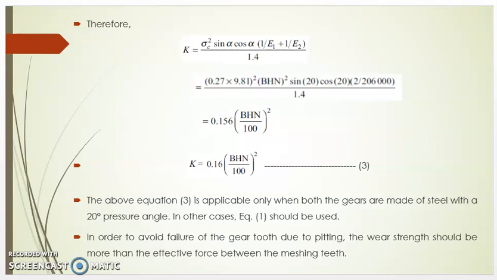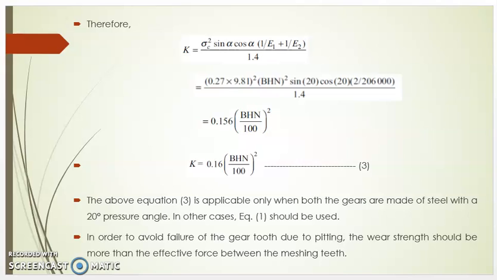Therefore, K is equal to sigma c square sin alpha cos alpha into 1 upon E1 plus 1 upon E2, divided by 1.4. Substituting the values, it is equal to 0.27 into 9.81 bracket square into Bhn square into sin 20 cos 20 into 2 divided by 2.06 into 10 to 5 divided by 1.4, which is equal to 0.156 into Bhn divided by 100 bracket square.